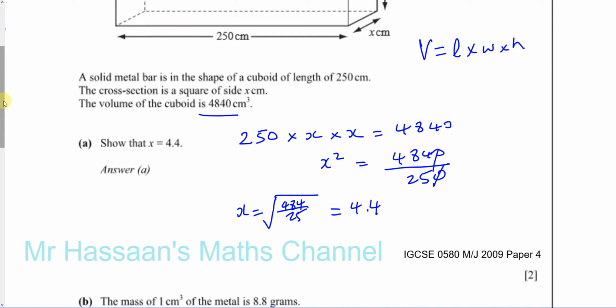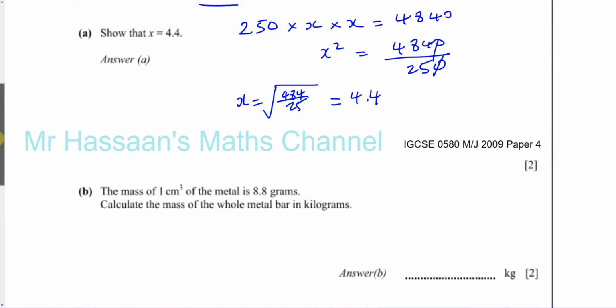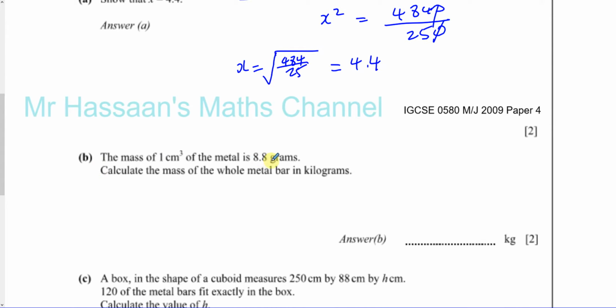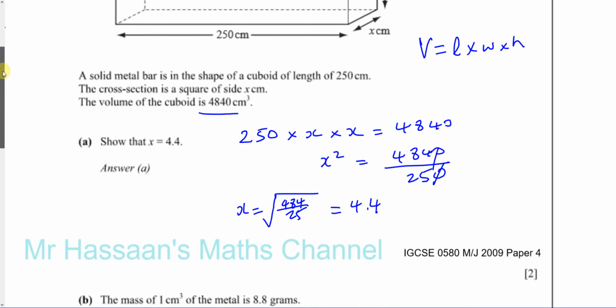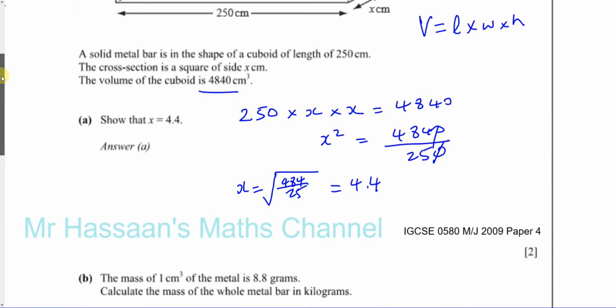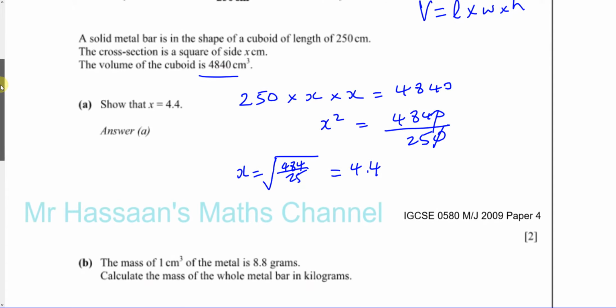Pretty simple. Then it says that the mass of 1 centimeter cubed of the metal is 8.8 grams. Calculate the mass of the whole metal bar. Well, we know that the mass of 1 centimeter cubed is 8.8, so 4,840 centimeters cubed is going to be 8.8 times 4,840.